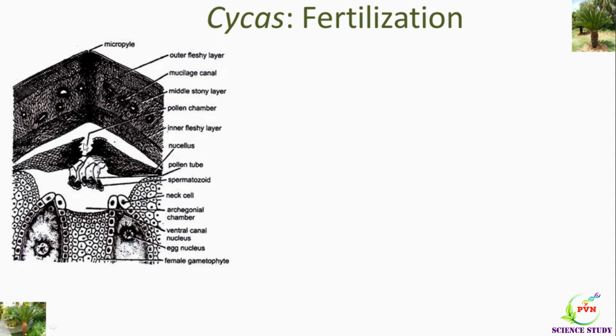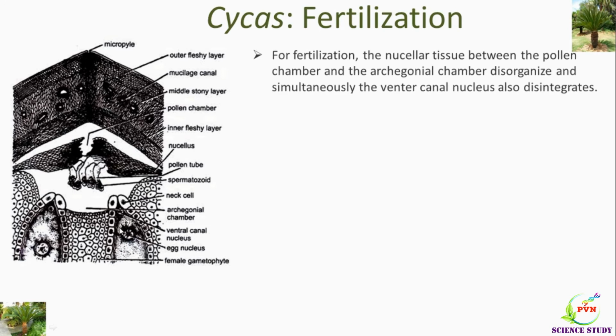We can also see here the pollen chamber, and this is the archegonial chamber in which two archegonia are attached. For fertilization, the nucellar tissue between the pollen chamber and the archegonial chamber is disorganized, and simultaneously the ventral canal nucleus also disintegrates.